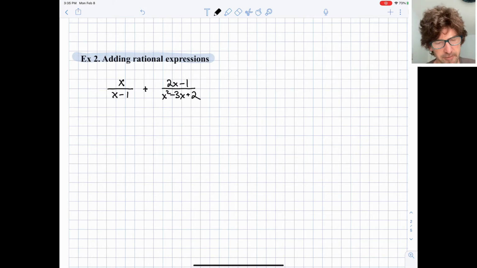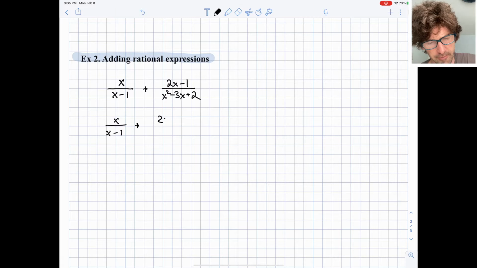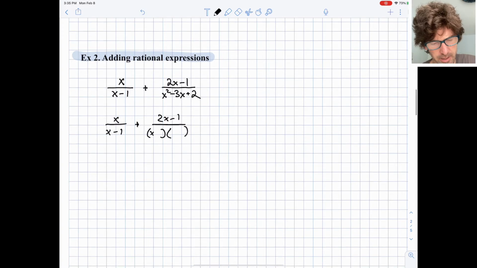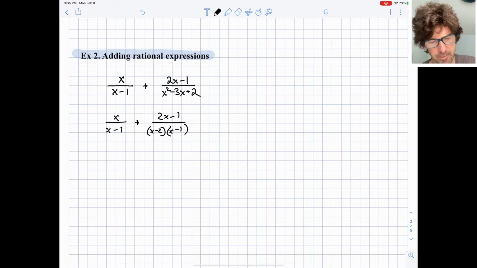So let's factor the right-hand numerator first. So I'll rewrite my expression here with that factored. And that's going to be x squared. We have a couple x's here, minus 2 and minus 1. Okay? So let's build a least common multiple.